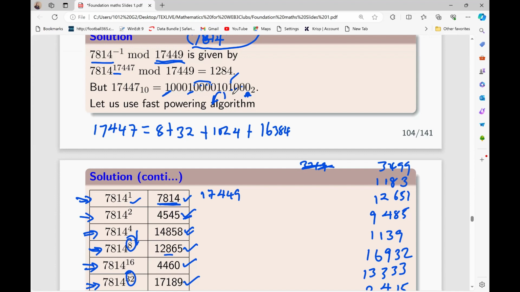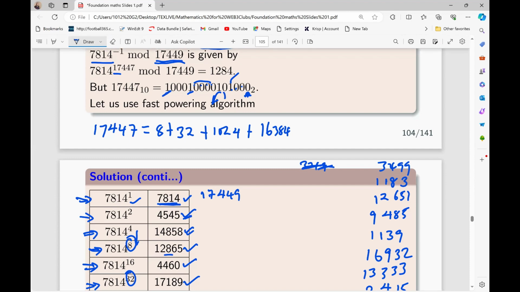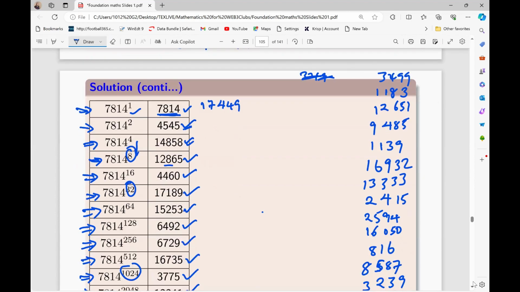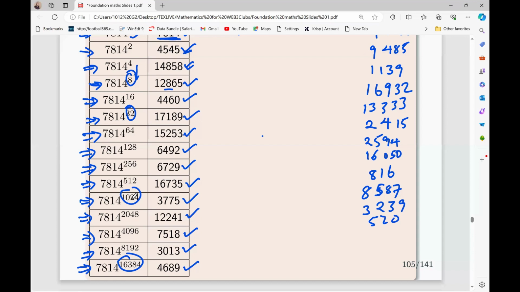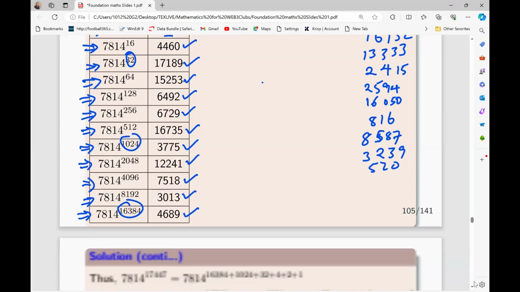Took that 2. Then we skipped 1, 2, 3, 4. Took the fifth one. After that 2, skipped 4. Took 1024, and then took the last one. How come the excess by 1?